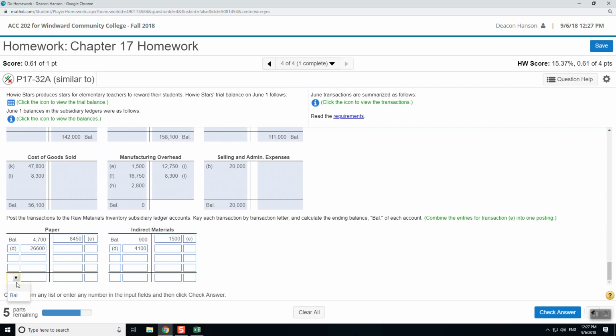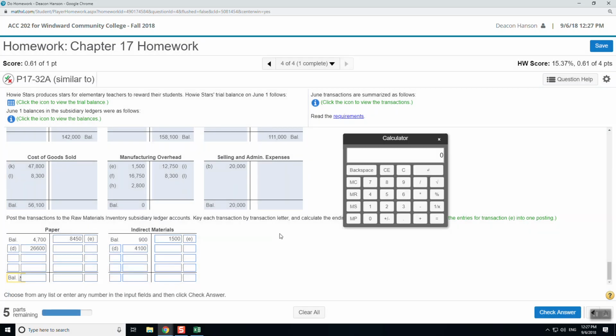So we'll get the balance, and we got 47 plus 26.6 minus 84.50. Unless my eyeballs miss something.